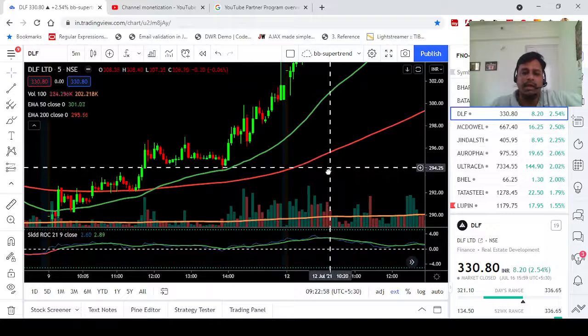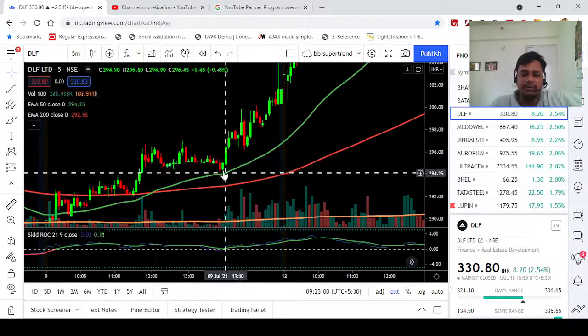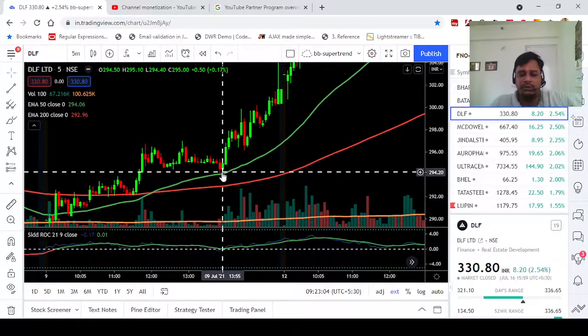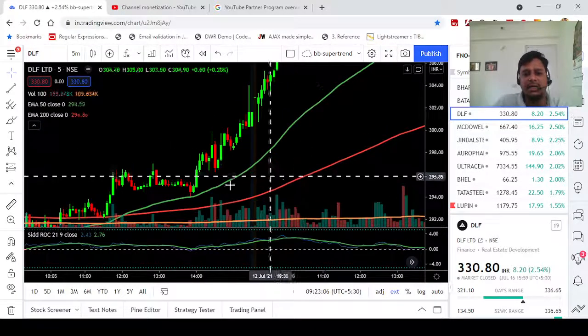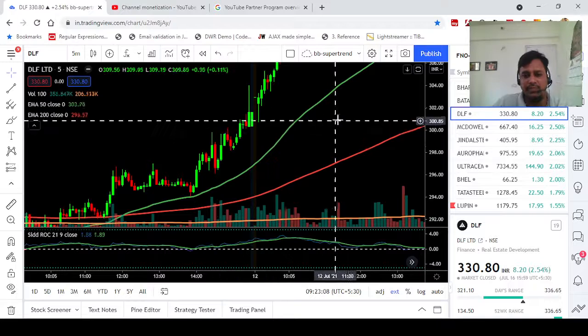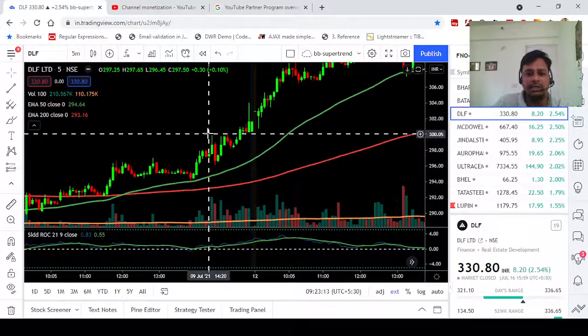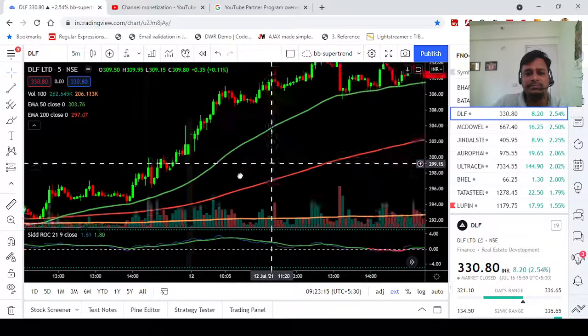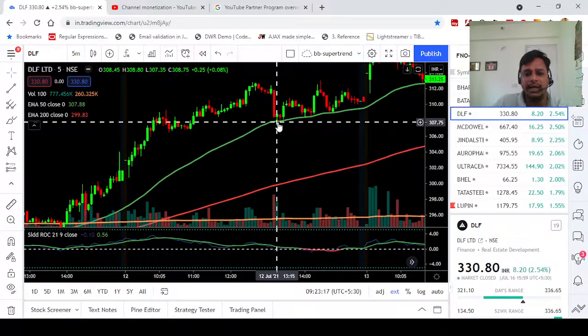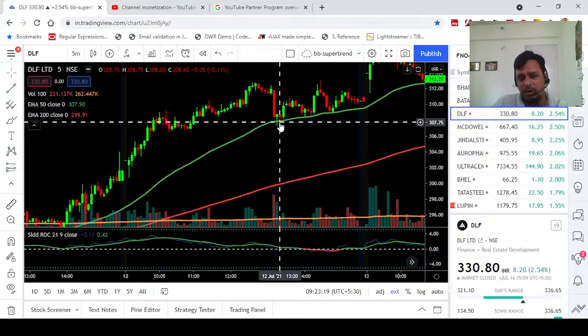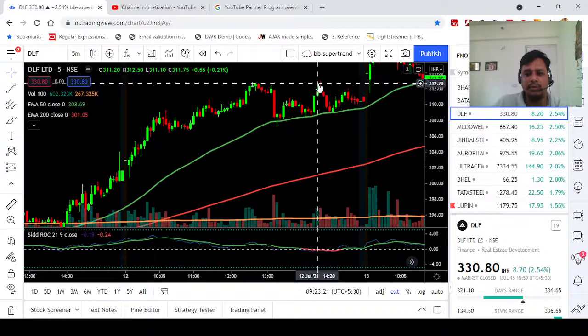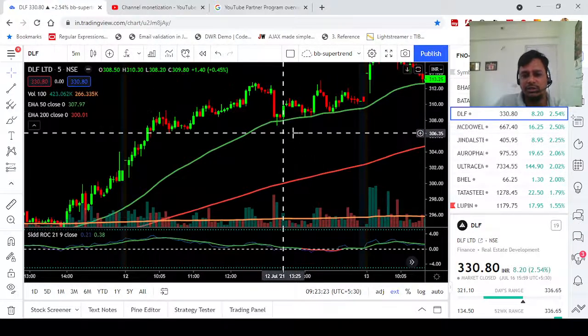On that pullback, again near the 50 moving average, you will go for a long, and your stop loss will be 1%, and the target would be another 3%. Okay, so this way, if you do multiple trades, so this 3% you have done here, then again you will go long here, 2.5 to 3% is your target, and stop loss is 1%.